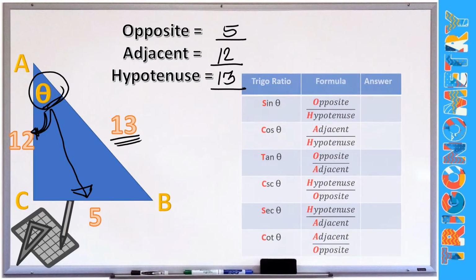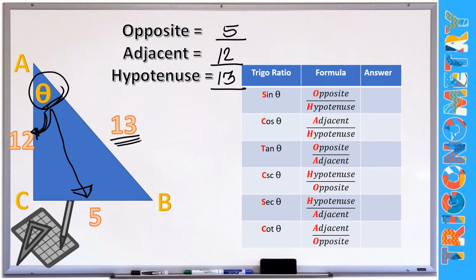So we can now get your 6 trigonometric ratios. So our sine theta again is opposite over hypotenuse. So that's 5 over 13. We have cosine is adjacent over hypotenuse, which is 12 over 13. And we have tangent, opposite over adjacent. So we have 5 over 12. Cosecant is hypotenuse over opposite.